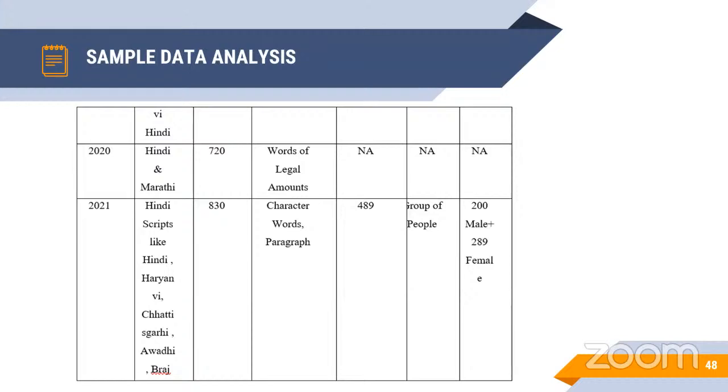And there is not only the character, not only the word and the paragraph, it is the combinations of the character, words and paragraph. And the total is 489 with the group of people. And out of that, 200 male and 289 females.